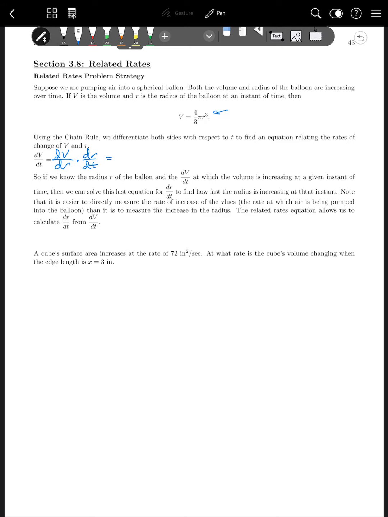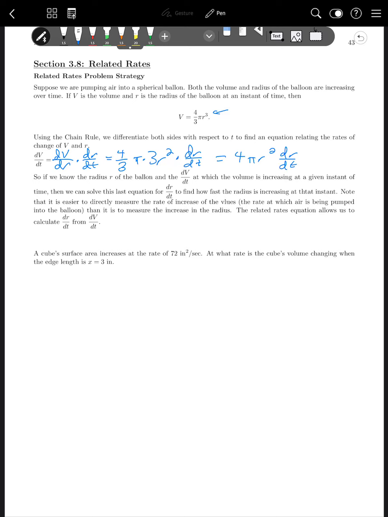The derivative of V with respect to r would be 4/3 pi times 3r squared times the derivative of r with respect to t. And then we can simplify. So this would be 4 pi r squared dr/dt.